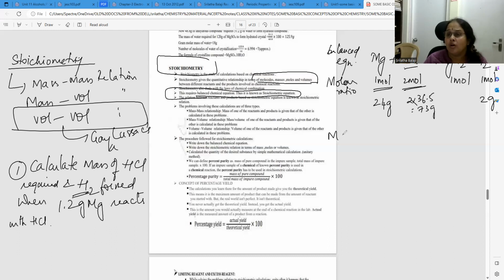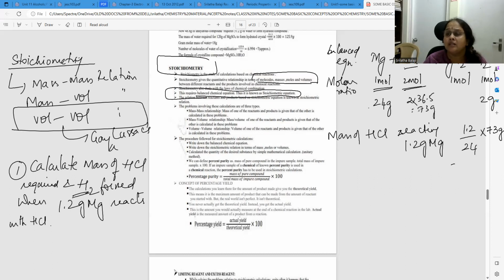So what is the mass of HCl reacting with 1.2 grams of magnesium? 24 grams requires 73 grams, so 1.2 grams will require 1.2 divided by 24 into 73.